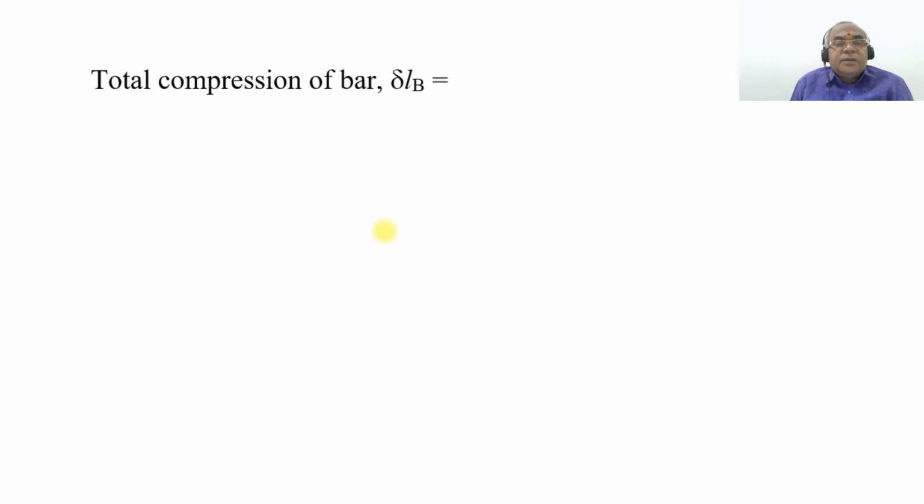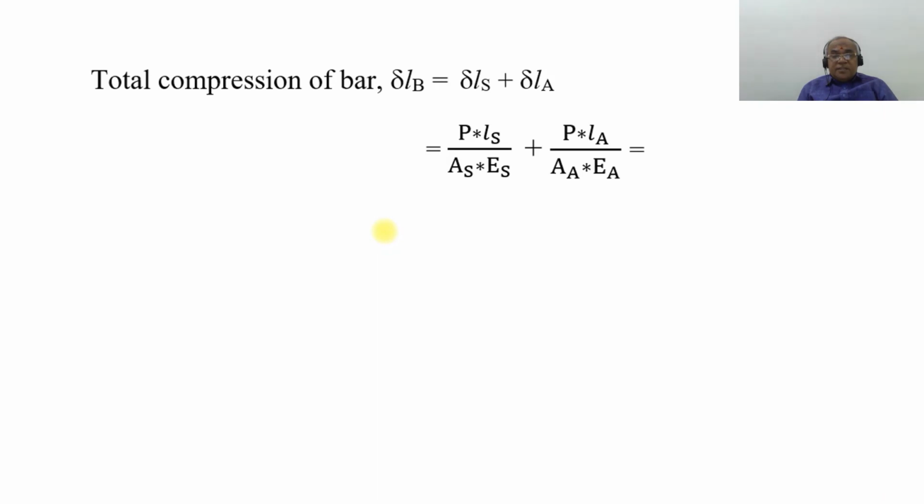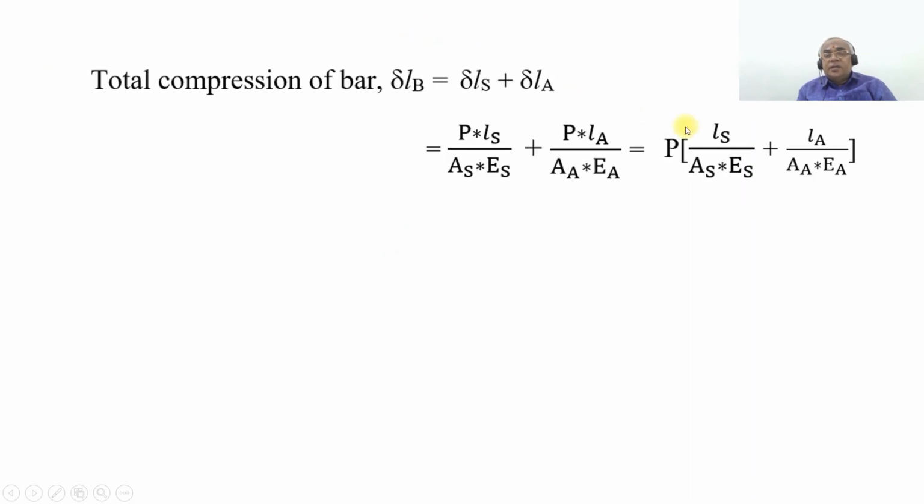What is the total compression of the bar? Delta L will be equal to delta LS plus delta LA, the total compression of the bar. That will be equal to P into LS by AS into ES plus P into LA by AA into EA. So P is the common factor. You take it out, P into LS by AS into ES plus LA by AA into EA.